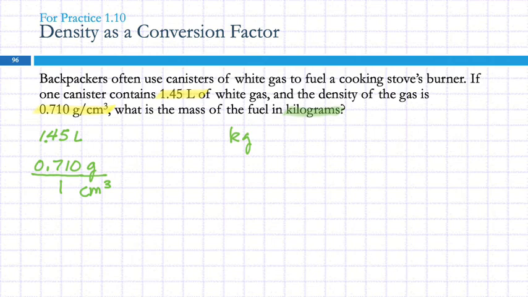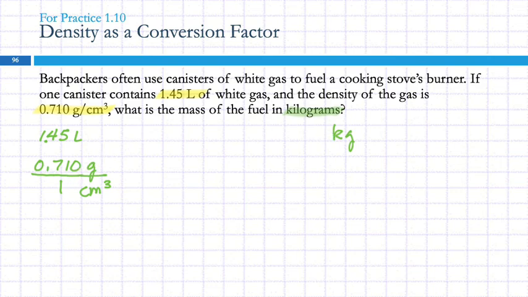Well, let's give ourselves a little more room. So a clue is that we've got this here. Grams and cubic centimeters are going to be in the middle here somewhere. Well, cubic centimeters and liters are both units of volume, but I don't really know the relationship off the top of my head.